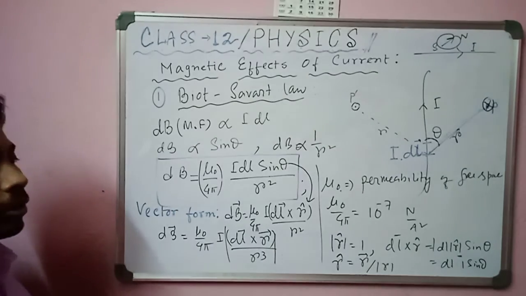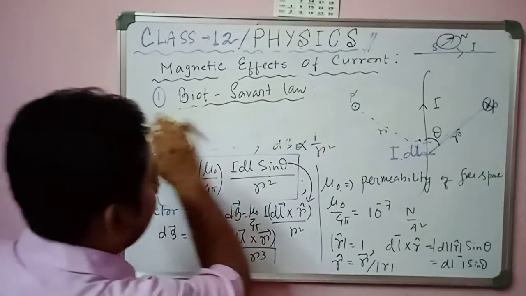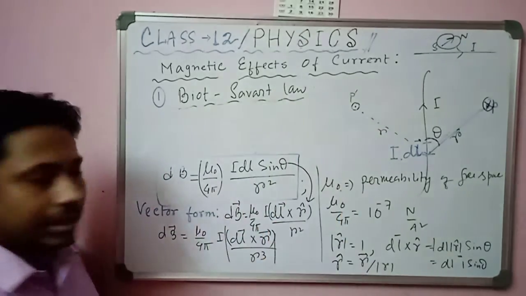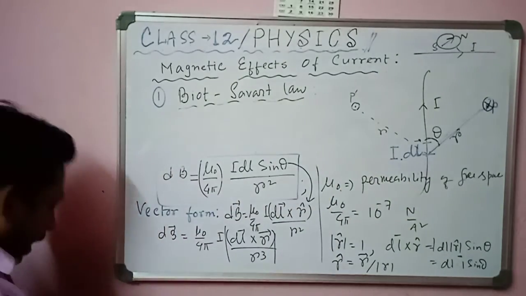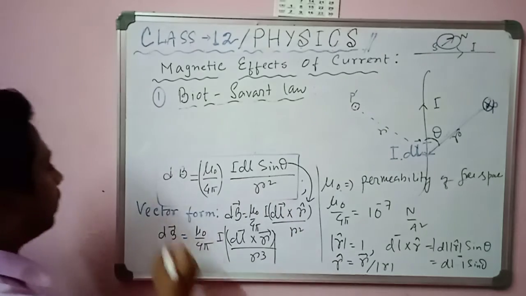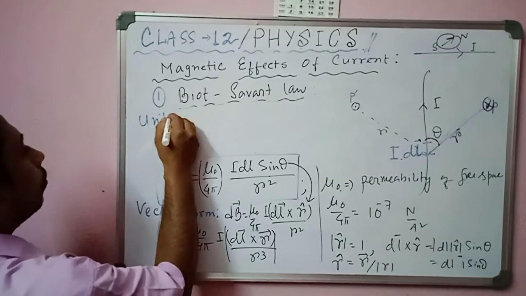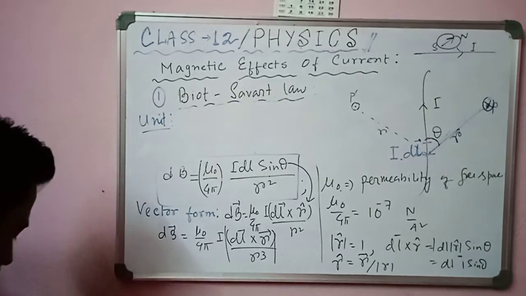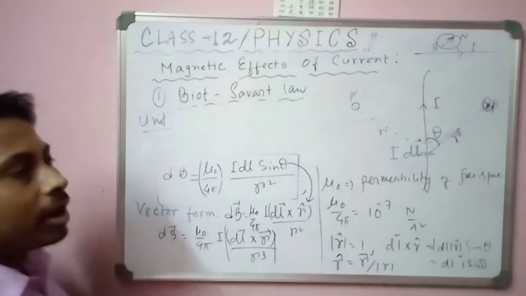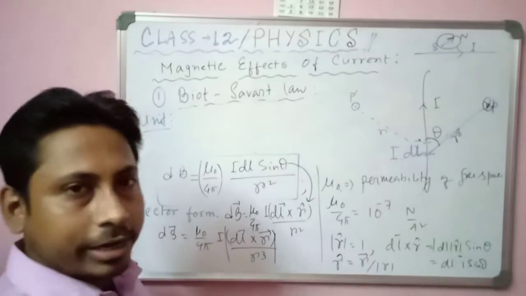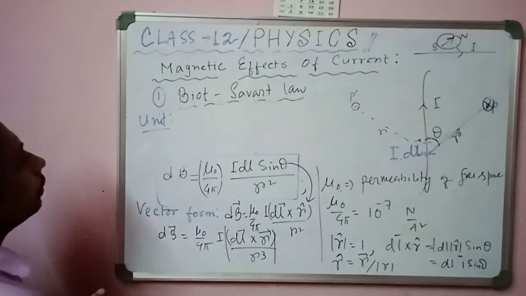Then, student, we are going to find out the unit of the magnetic field. The same thing will happen for this side also, so no need to write. Then, unit of B field. What is the unit of B? Student, you can calculate the unit of B with the help of the Lorentz force that you already got in the first video.